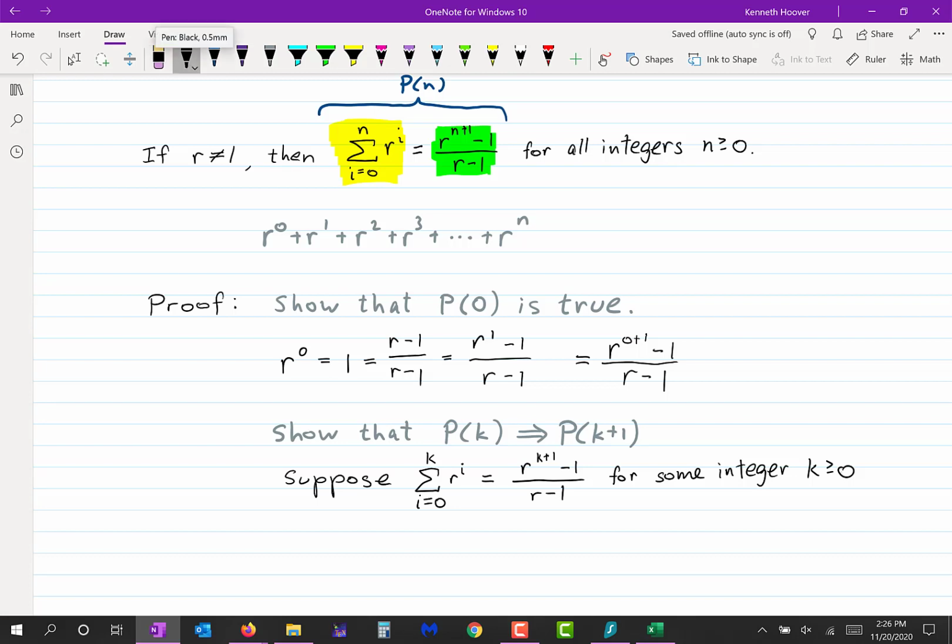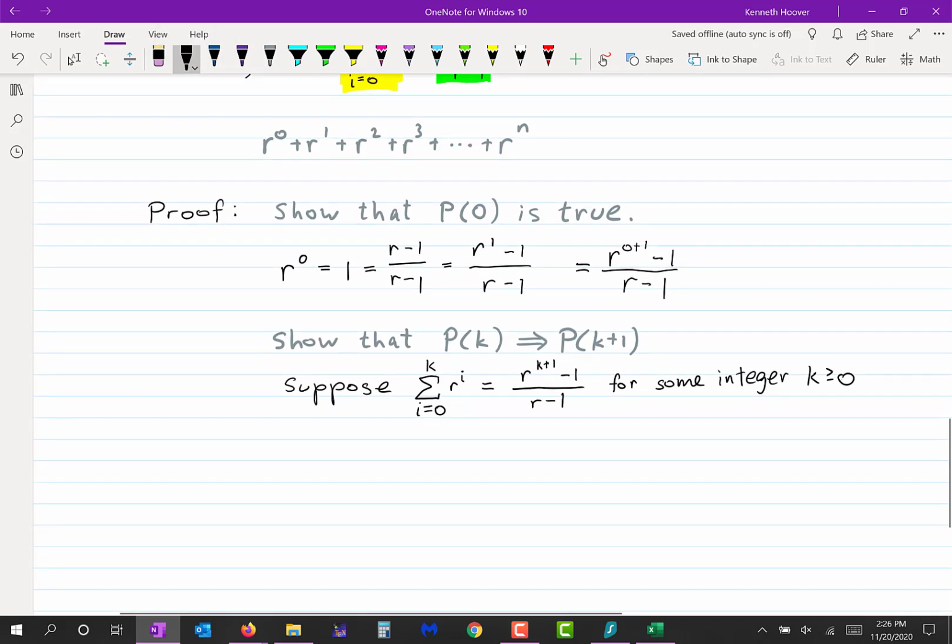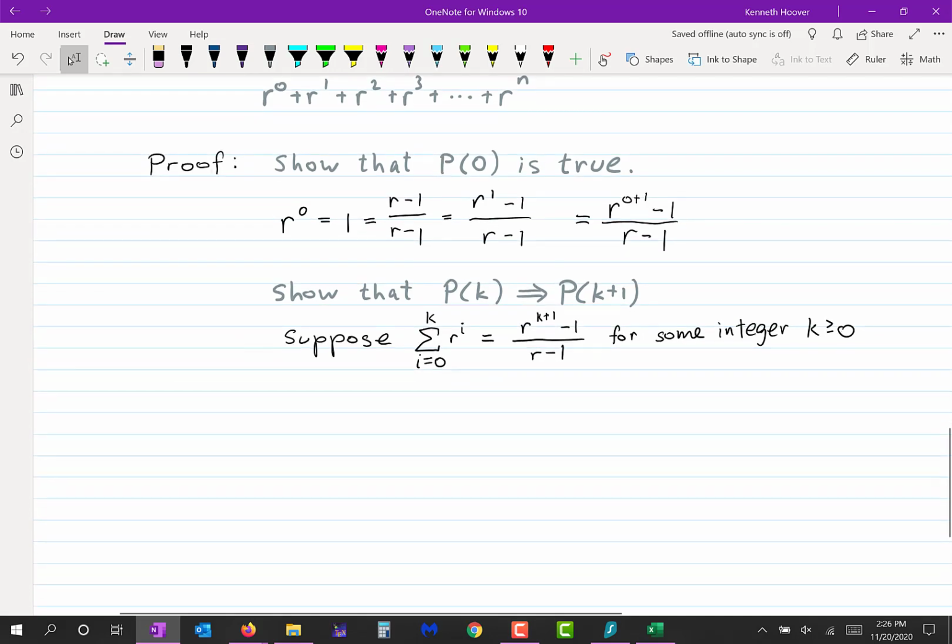No work to do there, it's just a matter of writing down the sentence correctly.